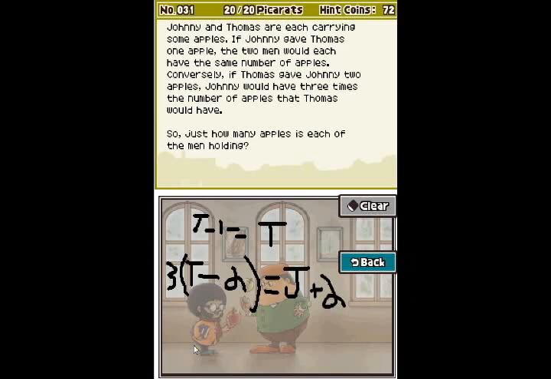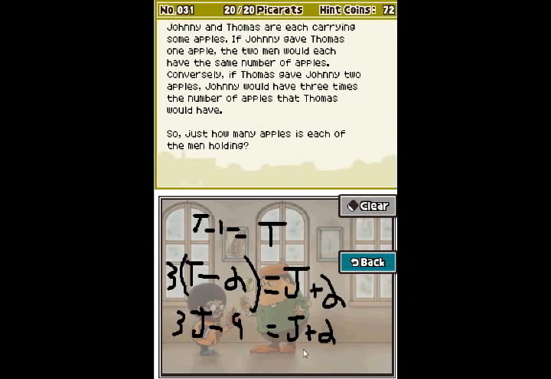So let's see if I can clear this up a little bit. T equals J minus 1, so 3J minus 9 equals J plus 2.